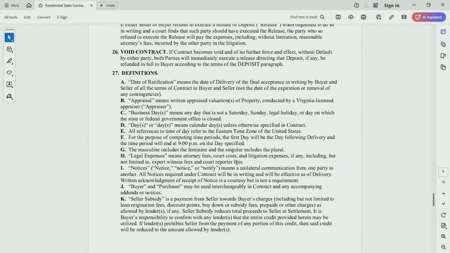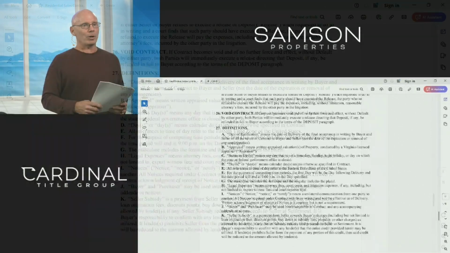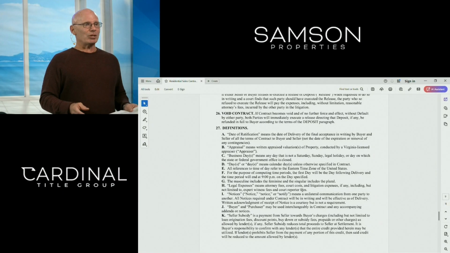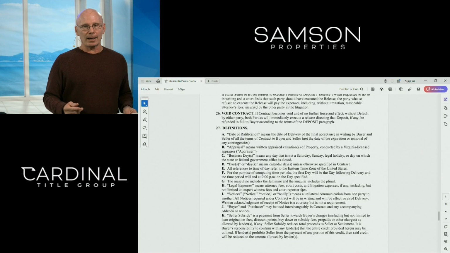Even though they don't expire at 9 p.m., the HOA docs seem to be one of the questions I get a lot, is we received the HOA docs on Friday. Is that day one? No. Saturday is day one, right? So Saturday, Sunday, Monday, and then HOA docs expire at 11:59 p.m., right?